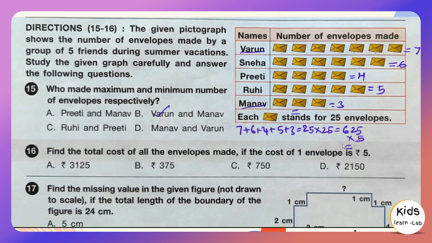So each envelope cost is 5 rupees. So let's multiply these two. 5 5s are 25, 2 carry, 5 2s are 10, 10 plus 2 is 12, 1 carry, 5 6s are 30, 30 plus 1 is 31. So 3125 rupees. Option A is the right answer, children.